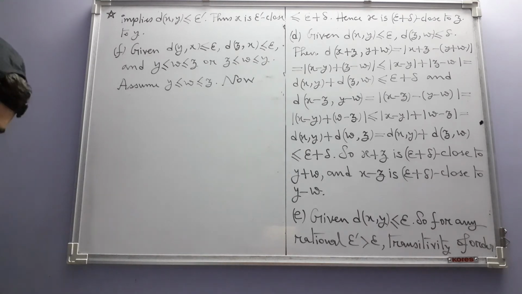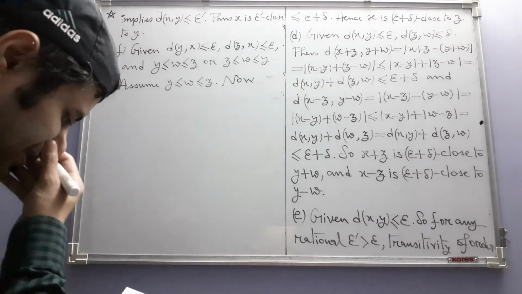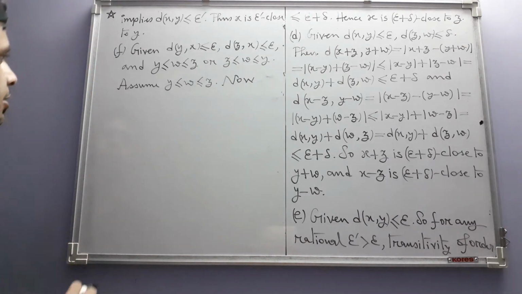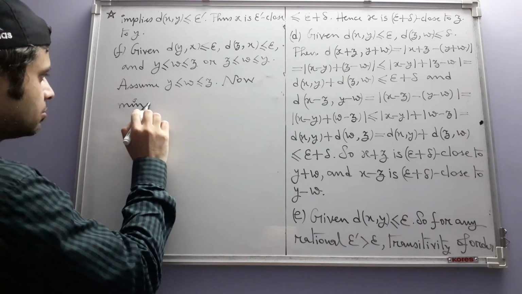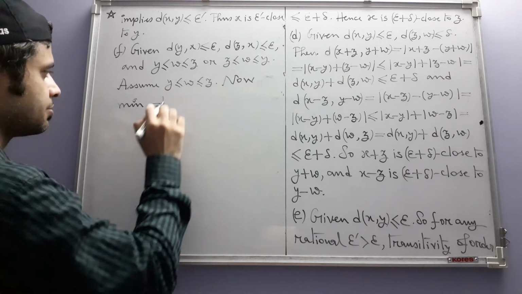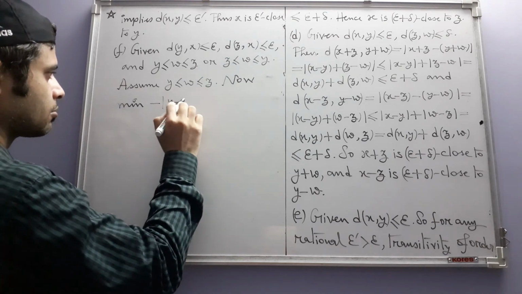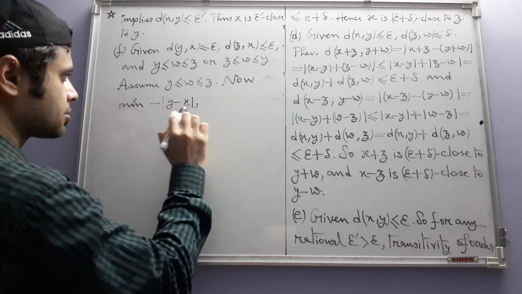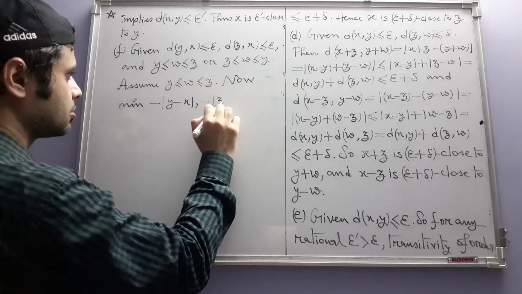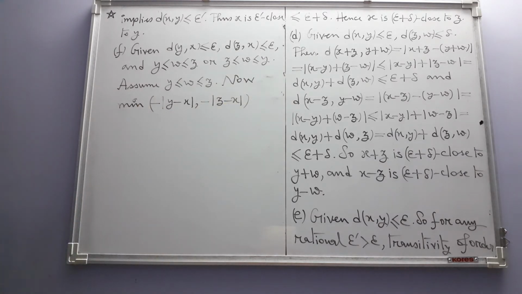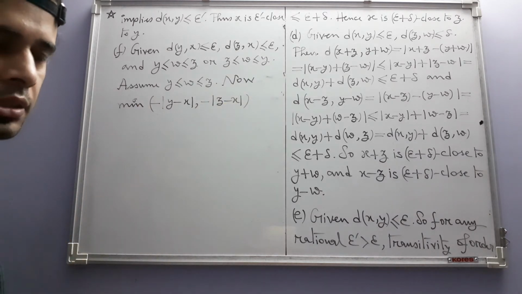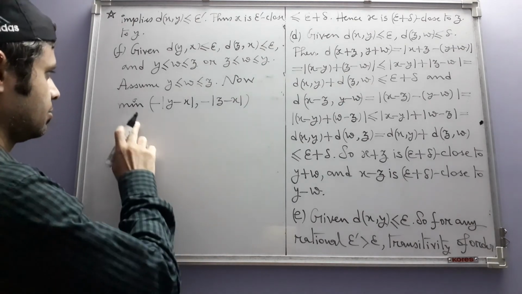We have to consider the minimum of the distance between y and x and z. Okay, minimum of minus absolute value of y minus x and minus absolute value of z minus x. Why suddenly we are taking this, we will see afterwards.